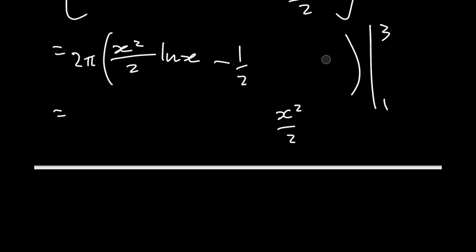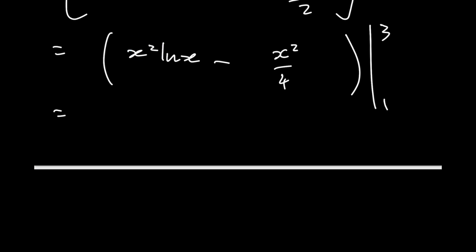So I can insert here my x squared over 2, and then x squared over 2 times negative 1 over 2 is negative x squared over 4. Then if I distribute this 2 pi, these 2's will cancel, and I'll be left with pi x squared, and then 2 pi times this, the 2 will cancel and we'll get 2 in the denominator, so we'll have pi x squared over 2. Now all that's left to do is to substitute in our limits of integration.